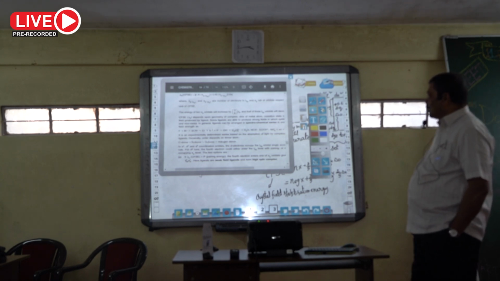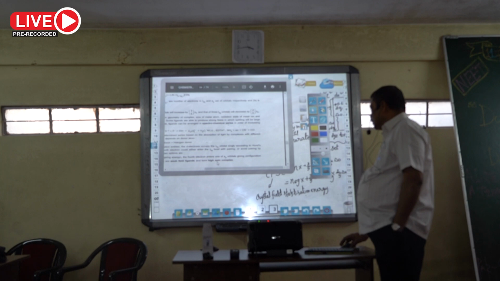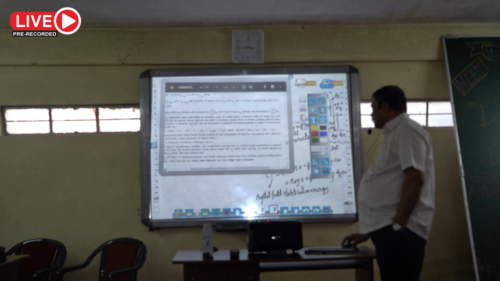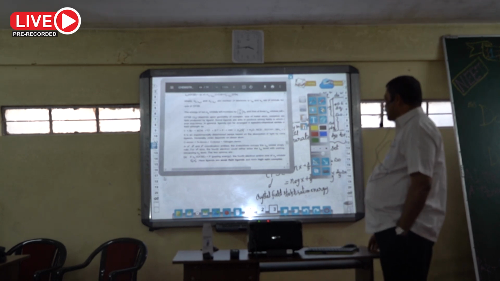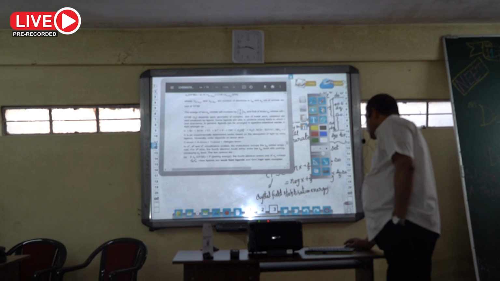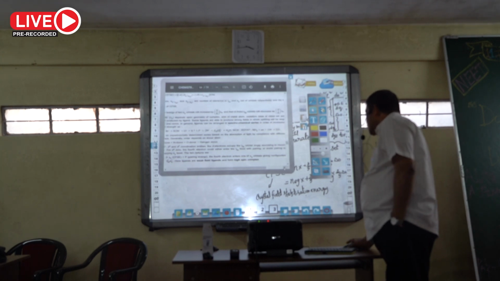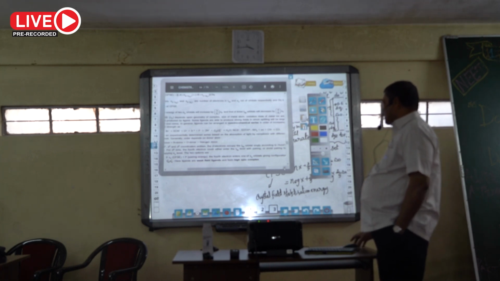Next point. For d1, d2, d3 coordination entities, the d electrons occupy the t2g orbitals singly, as per Hund's rule.